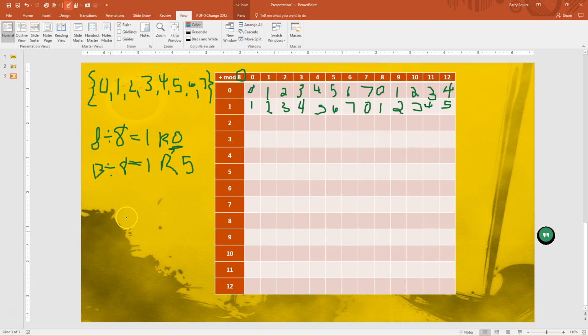Well, 12 plus 12, that's 24. 24 divided by 8 is going to equal 3 with a remainder of 0. So we're going to have a 0 go right in here.